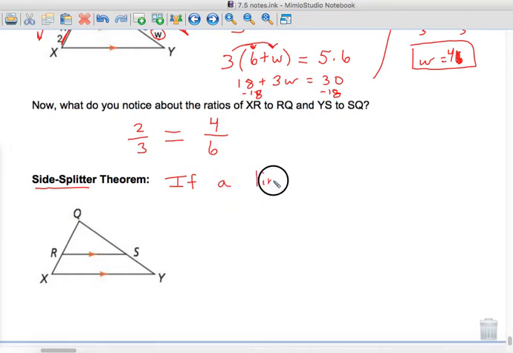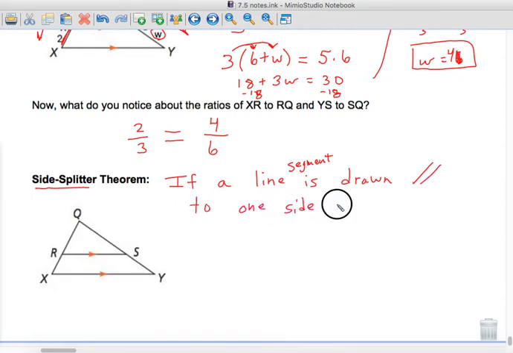So I'll say if a line segment is drawn, I know you love when I add those little things, if a line segment is drawn parallel to one side of a triangle, then it splits the other two sides up into proportional segments.